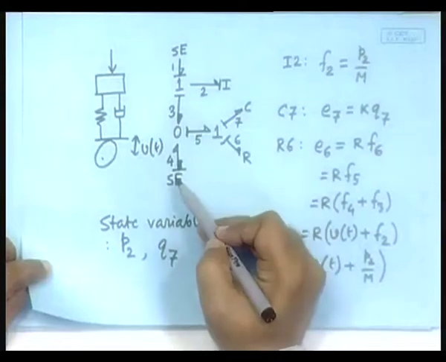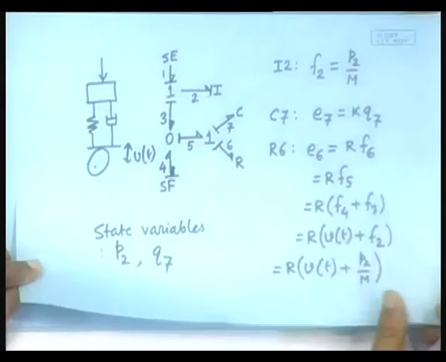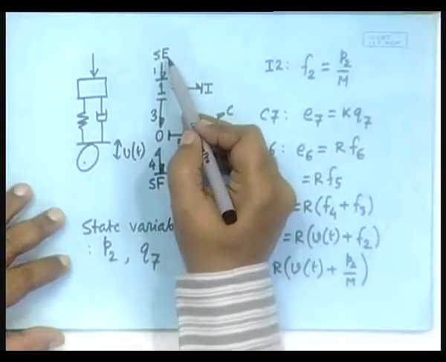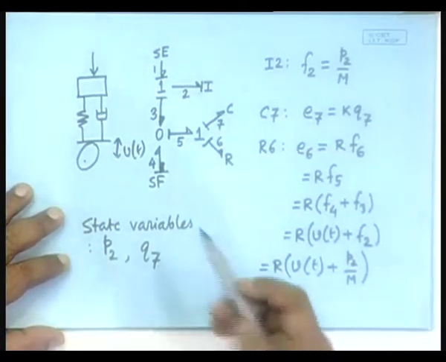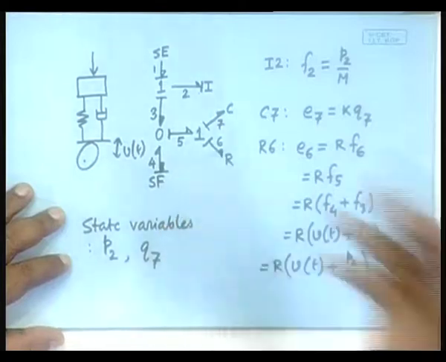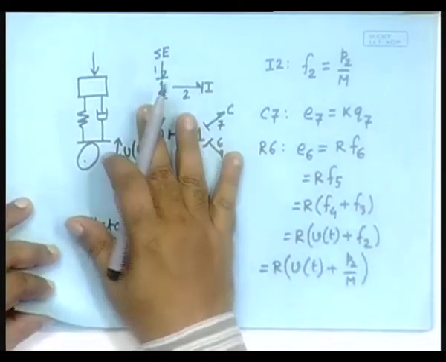What remains are the two sources. So, what does the source of effort give to the system? The effort. What does the source of flow give to the system? The flow. So, these are trivial.